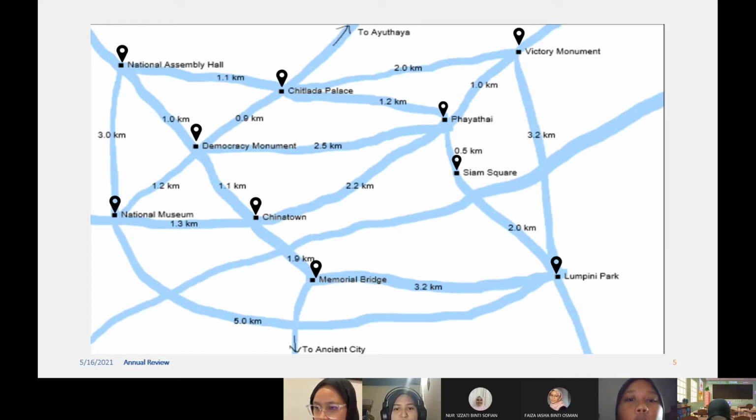So we are left with the route to Memorial Bridge, which is 1.9 kilometers. Then from Memorial Bridge, we go to the last available vertex, Lumpini Park, which is 3.2 kilometers.